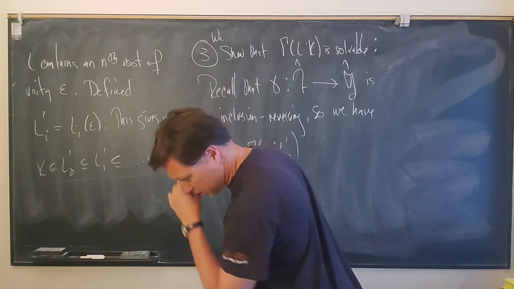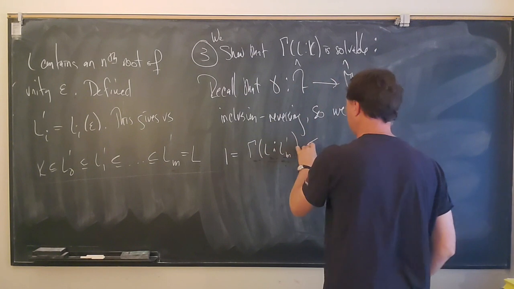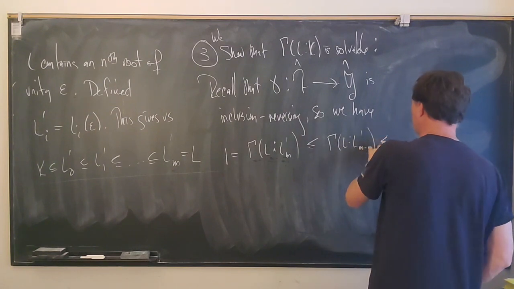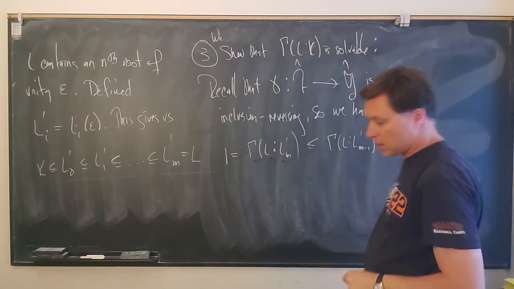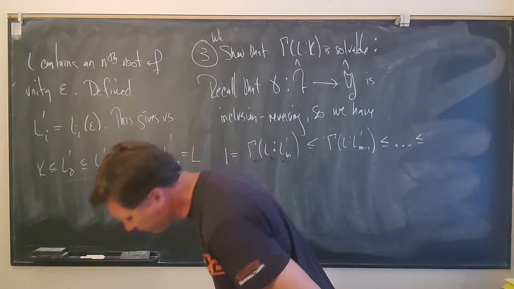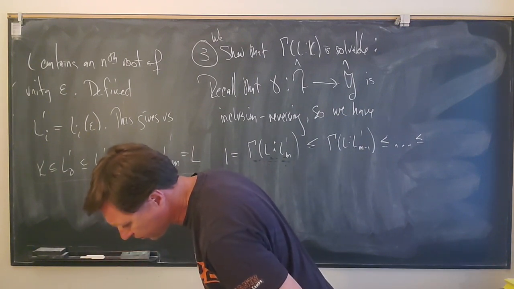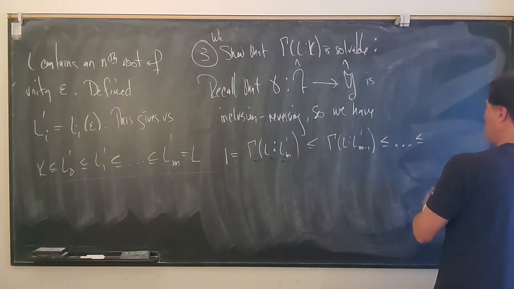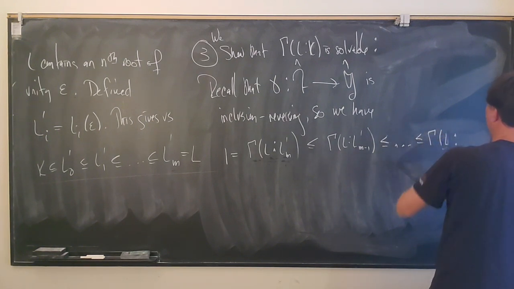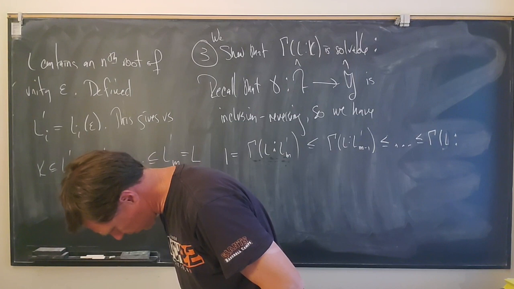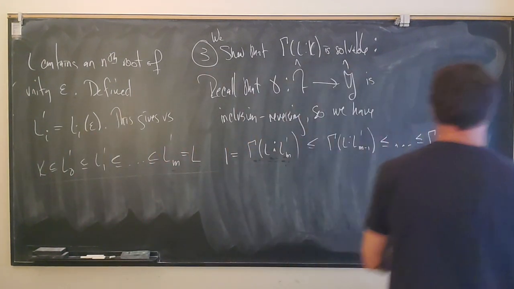Contained in, and I'll use the subgroup symbol here, gamma of L over L m minus 1 prime, contained in dot, dot, dot, contained in, and the last one I'm going to end with is gamma of L over L0 prime.